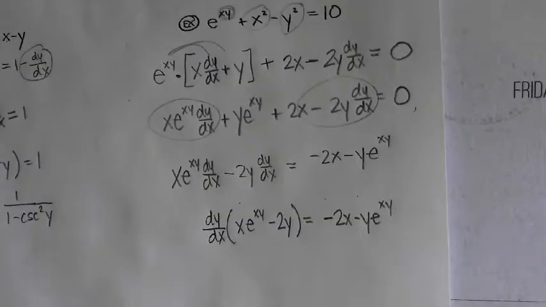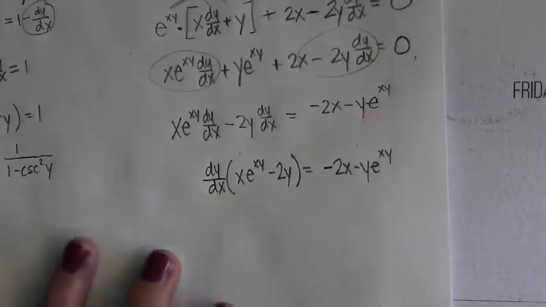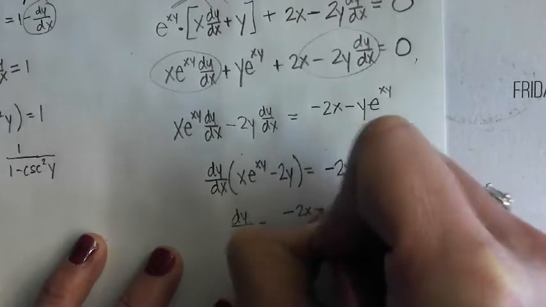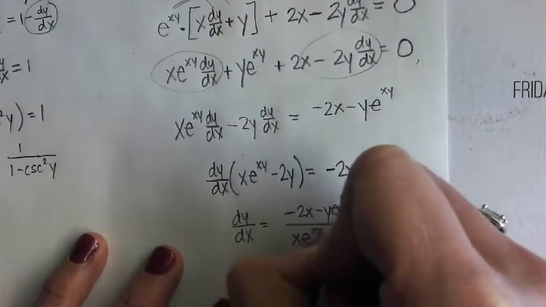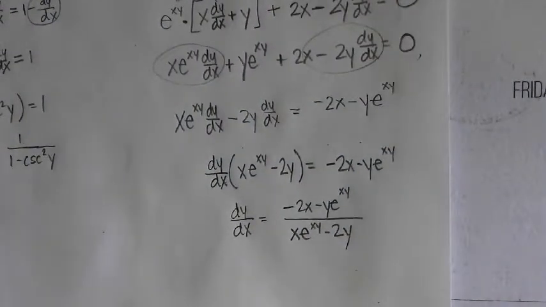Copying the rest. And then dividing over that binomial. Questions on that one?